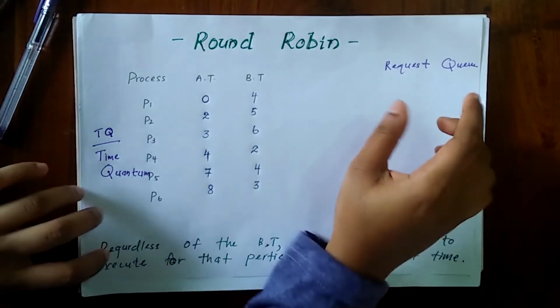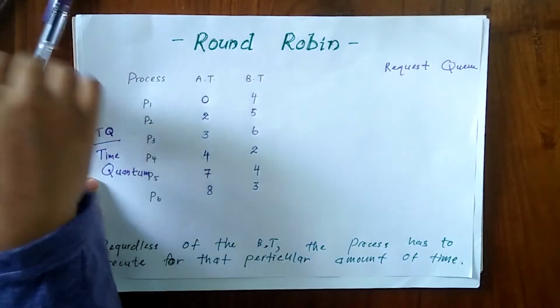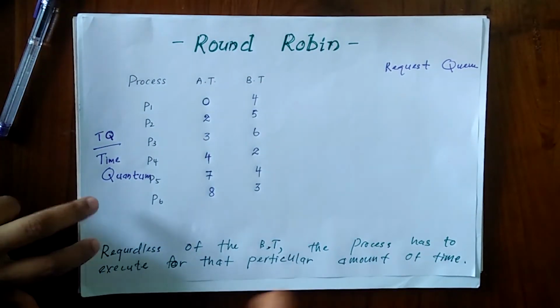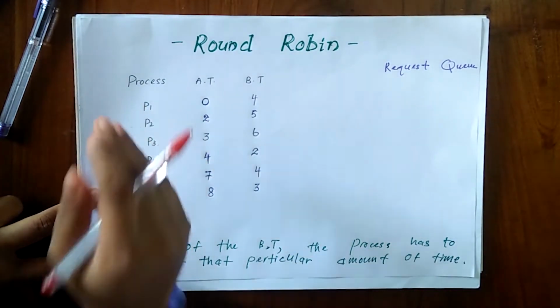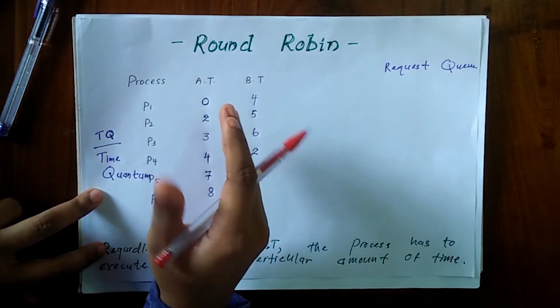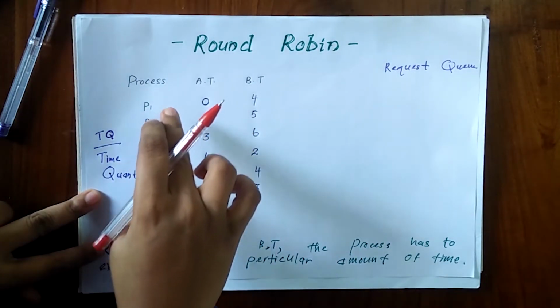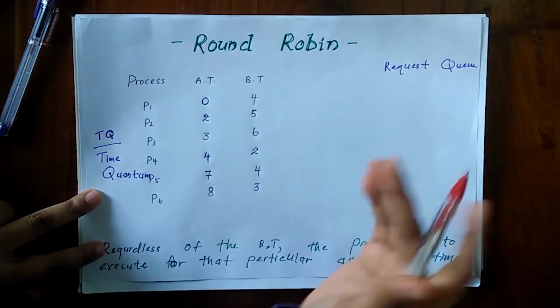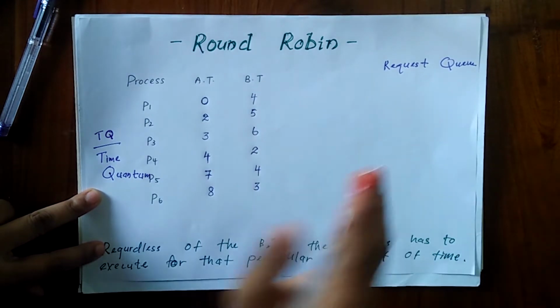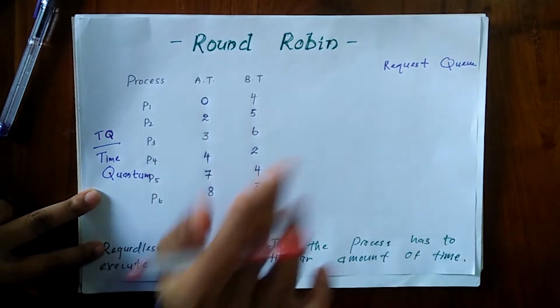And now the request queue. What is this request queue? When the processes are arriving, we have to put these processes into the request queue according to their arrival time.